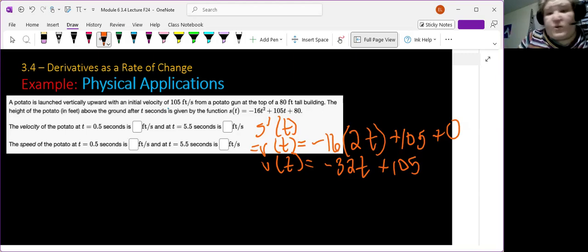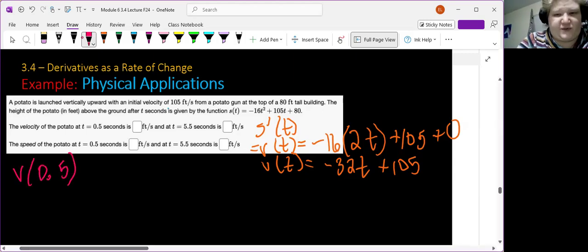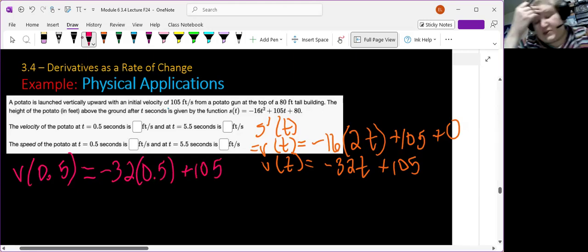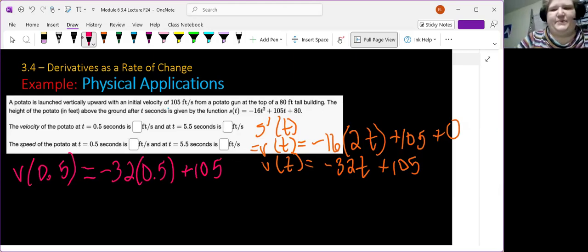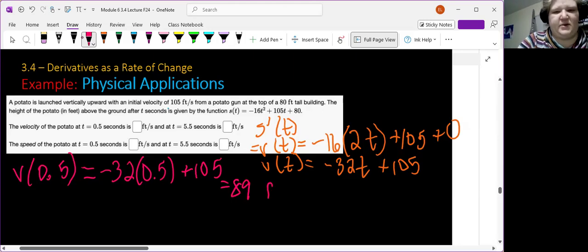So now to answer those questions, we're just literally plugging in the numbers. So V of 0.5 is negative 32 times half plus 105. Half of 32 is 16. 105 minus 16, 95 minus 6, 89. So that is 89 feet per second.